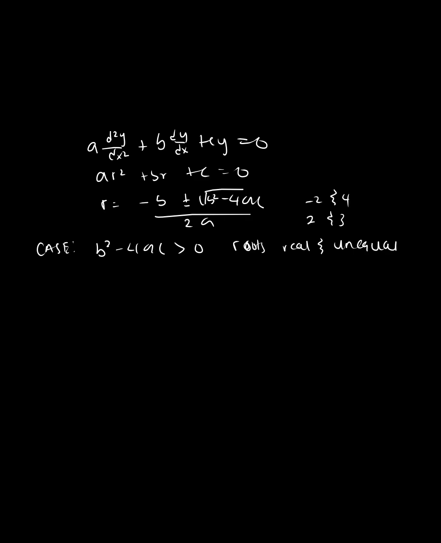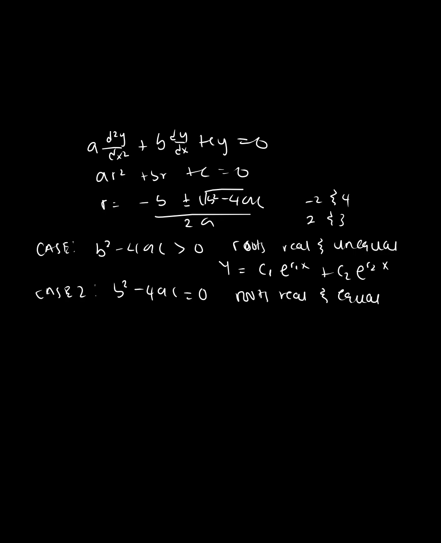When this happens, the formula that we use is y is equal to c1 e to the power of r1x plus c2 e to the power of r2x. Very, very simple, where r1 and r2 are the roots of the equation. Then for case 2, when b squared minus 4ac is equal to 0, we say the roots are real and equal, for cases where you have 2 and 2, 3 and 3.